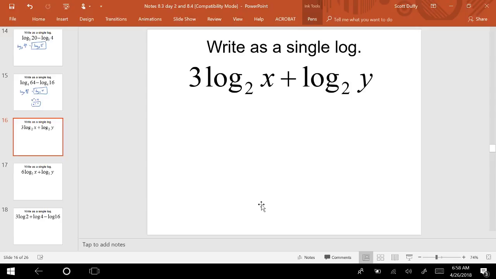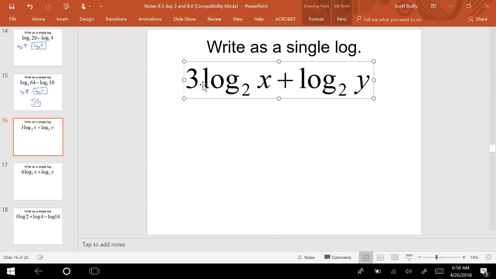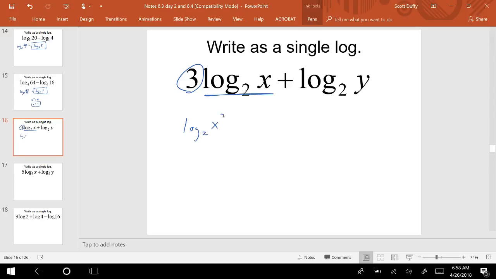And then with this we have the same log base 2 of x, and then plus log base 2 of y, and then we just have this number out in front. Don't worry about that. Just worry about this part and make sure you still have 3. Actually, no, I was worried about that. Now 3, since it's a multiplier out in front, was originally an exponent. So what I can do is write this as log base 2 of x to the third plus log base 2 of y.